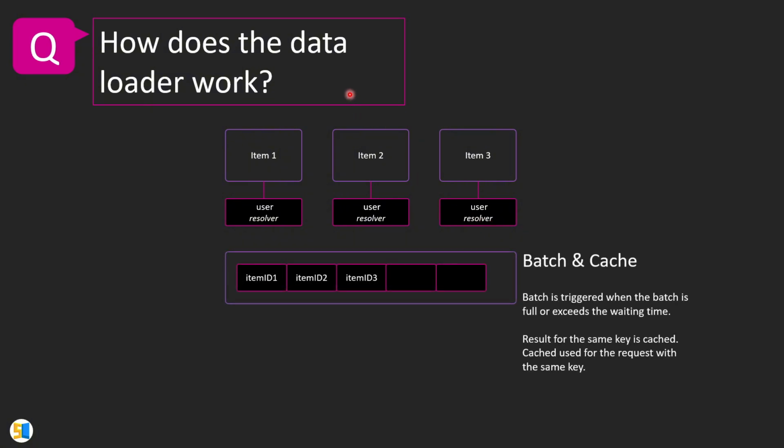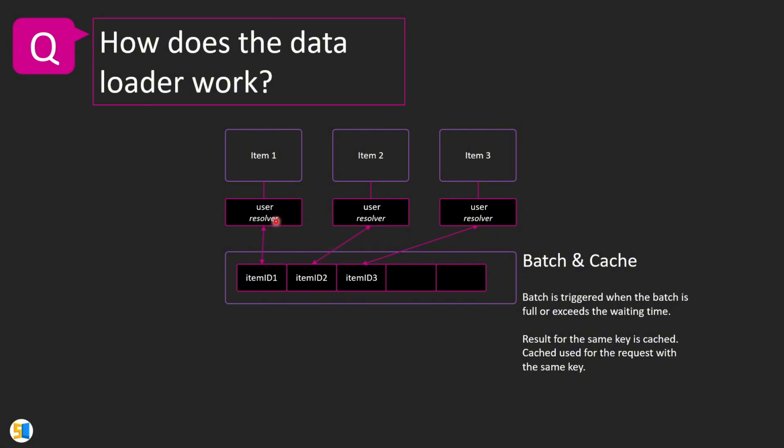we'll use a data loader. So a data loader is basically a batcher. When the user resolver is being executed in the resolver tree, what does it do?